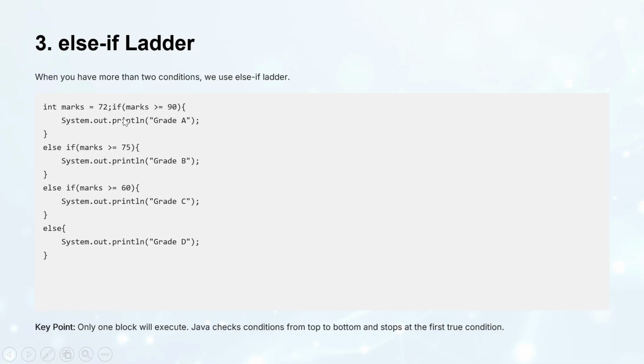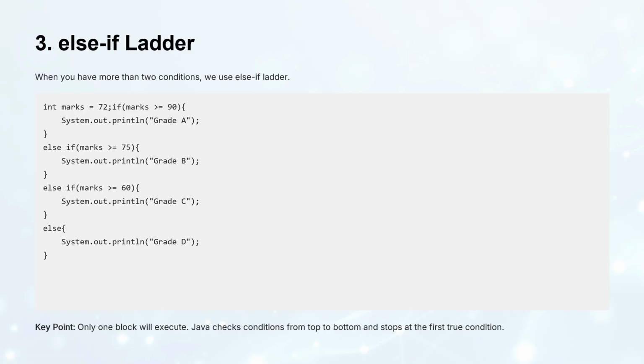If marks is greater than 90, then grade A will be printed, and the whole else block will not be executed. If this else if doesn't work, it will go to the next else if, and if that does not work, then only it will come to else. This is the magic of the if else ladder.